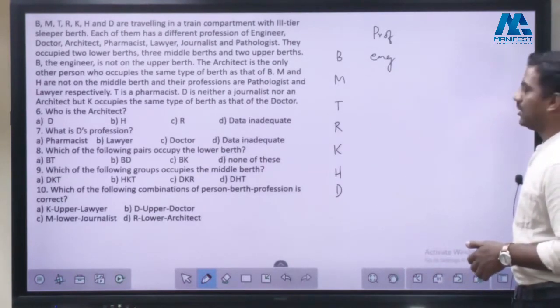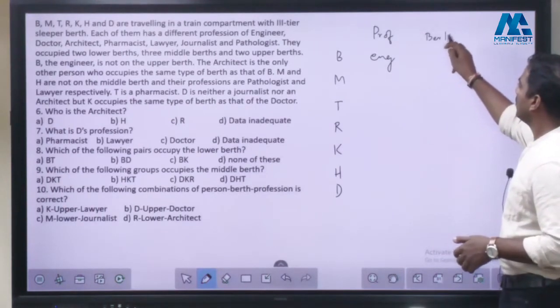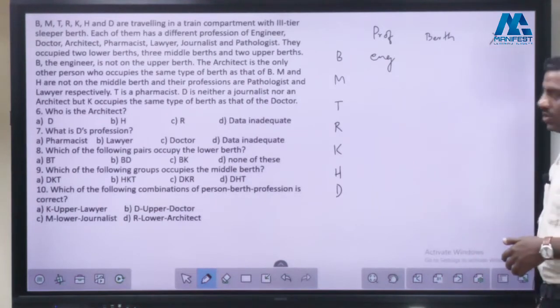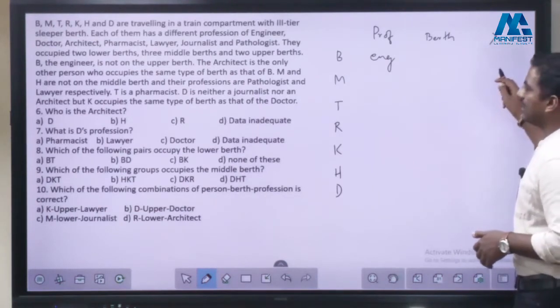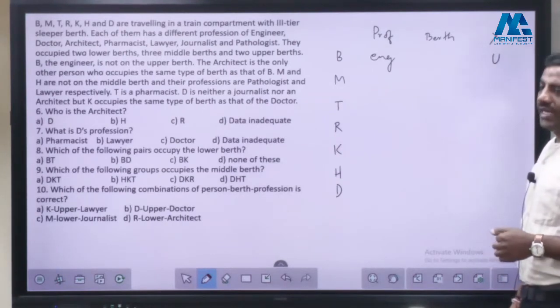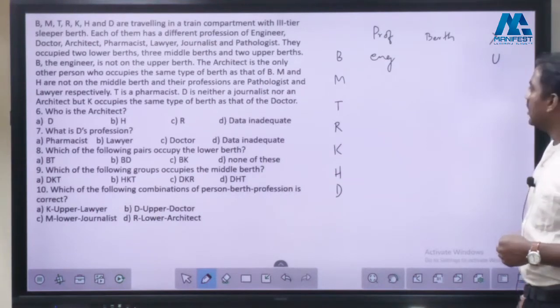is not on the upper berth. So B will not take the upper berth. Then he has to take either middle berth or lower berth, right?